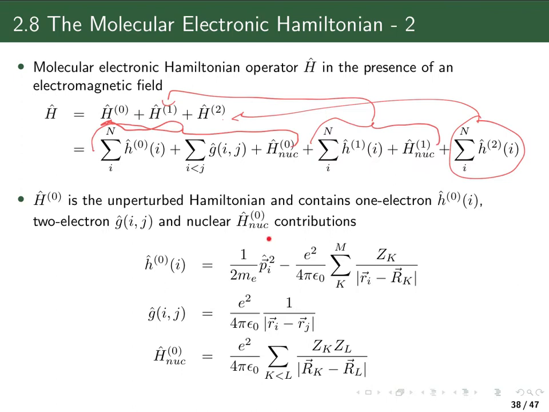So here in h0 we have the kinetic energy operator for the electrons and the attractive Coulomb interaction of the electrons with the nuclei. g is the electron repulsion operator, and all the capital H operators are nuclear operators, meaning operators which only depend on the position of nuclei. And here we also have, in the Born-Oppenheimer approximation, the constant term for the Coulomb repulsion of the nuclei.